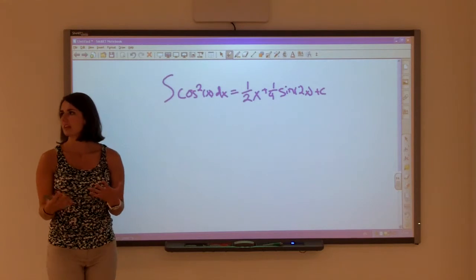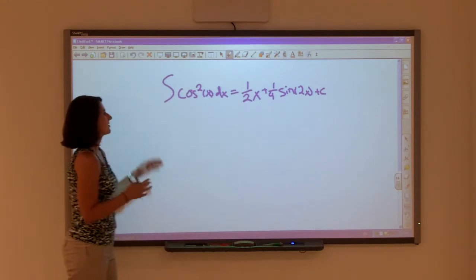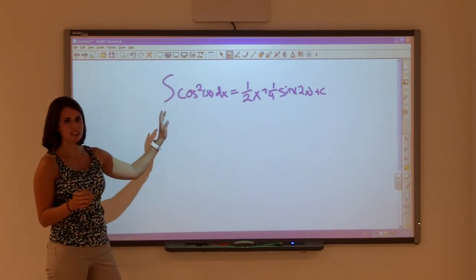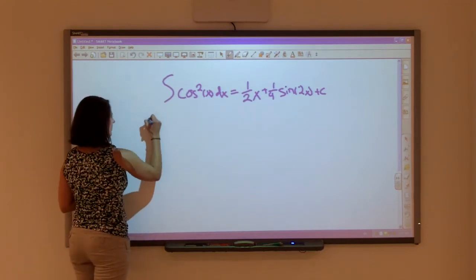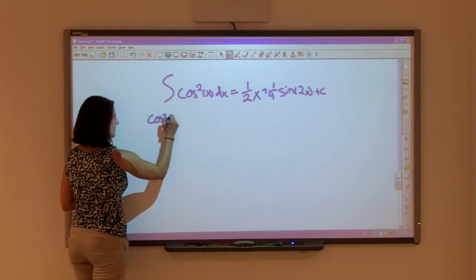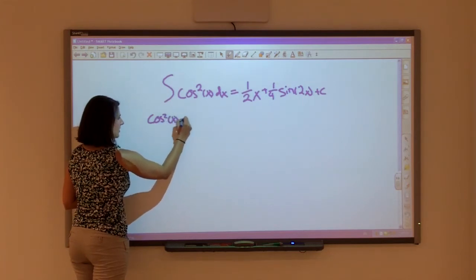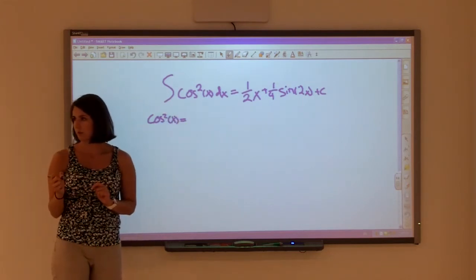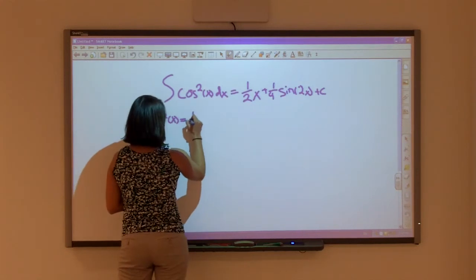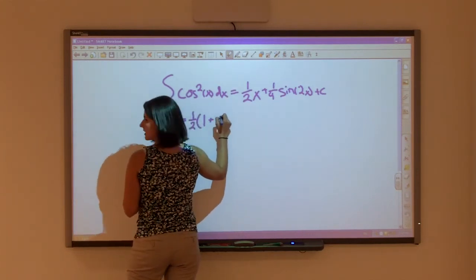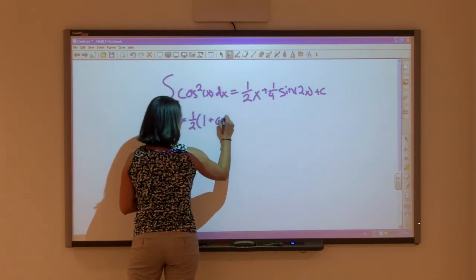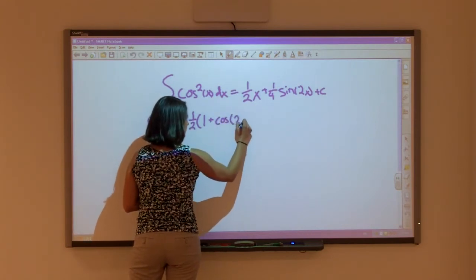Here's how we got that. To solve this integral, you have to actually use a trig identity. So we know that cosine squared of x is also equal to 1/2 times 1 plus the cosine of 2x.